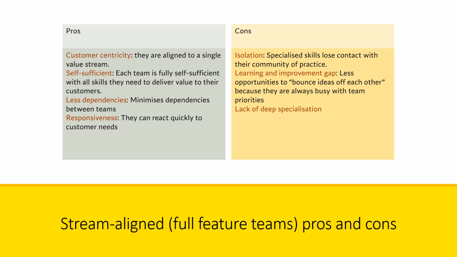So they can pick up features and deliver those features end to end without the need to even raise a dependency most of the time to another team. So the number of dependencies here will be minimized. It's not like you don't have any dependencies, but the number of dependencies from one team to another is going to be minimized.